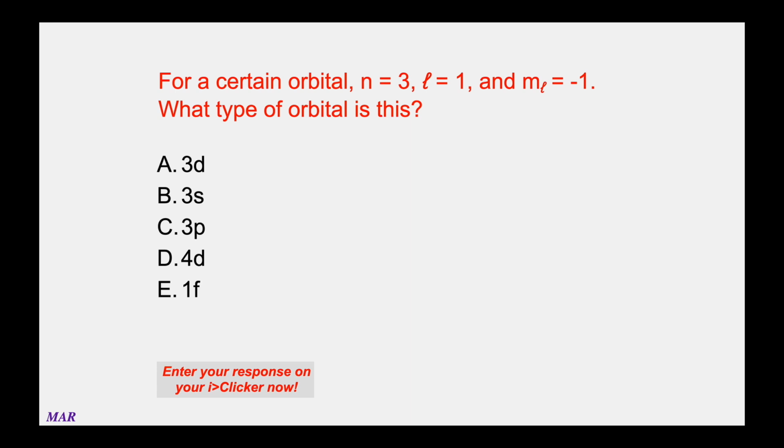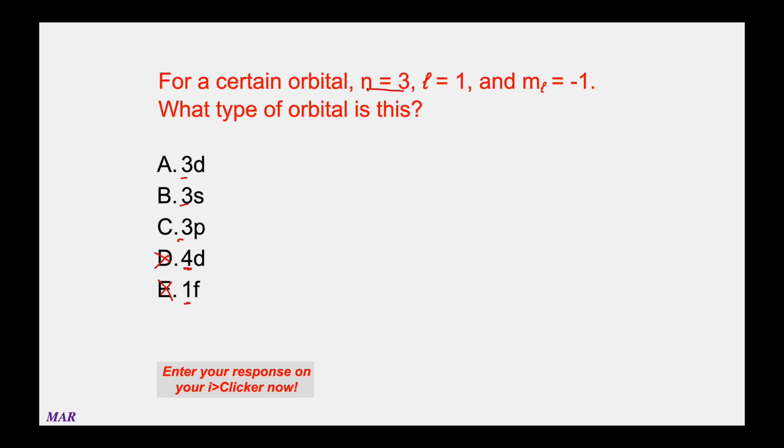Okay, I'm assuming you've worked on this question and you're good to go. In the NL notation, the n number literally is 3. So because n equals 3, 3D, 3P, and 3S. Sorry, I said that out of order, but those would all be legit. You wouldn't have 4D or 1F because n of 4 would be 4D, n of 1 would be that one.